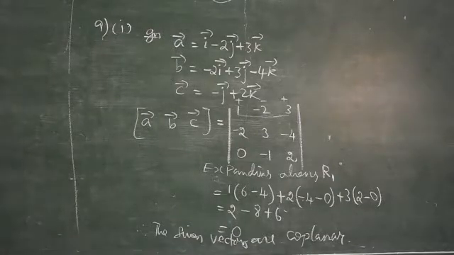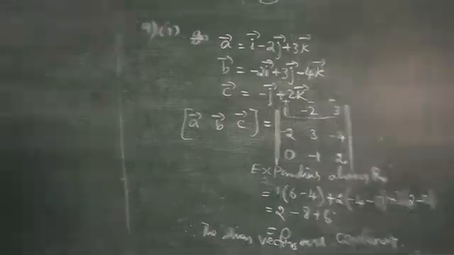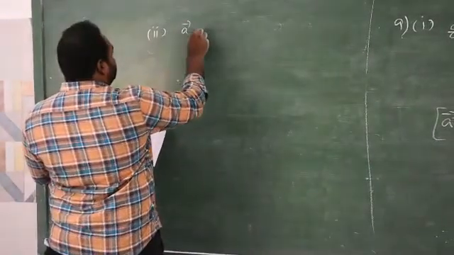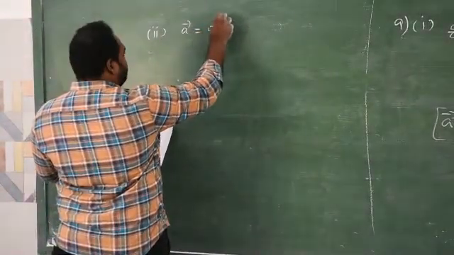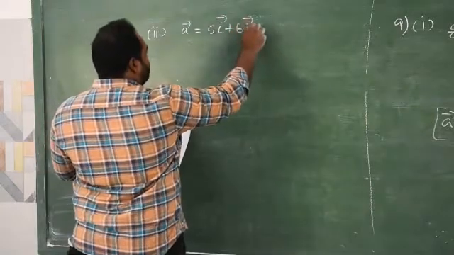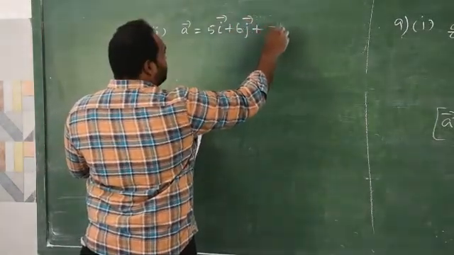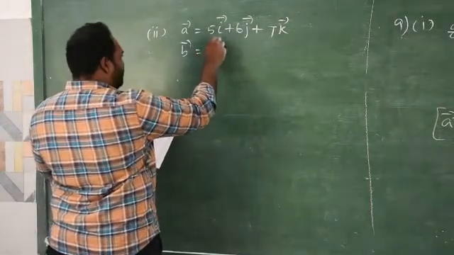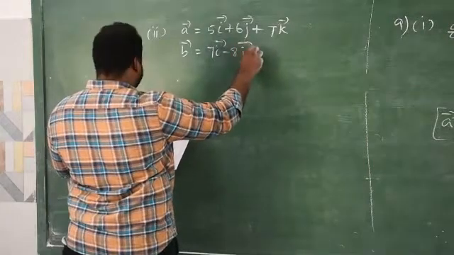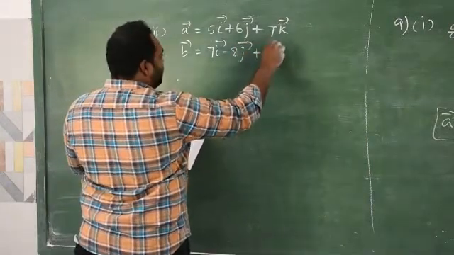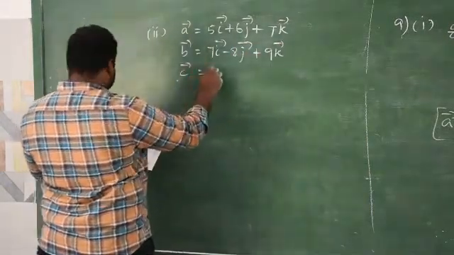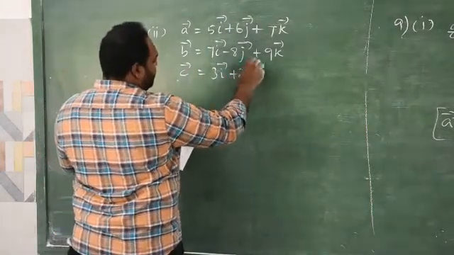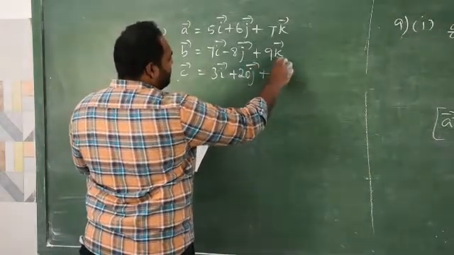Next, second subdivision. Also here, A vector is 5i plus 6j plus 7k, B vector is 7i minus 8j plus 9k, C vector is 3i plus 20j plus 5k.